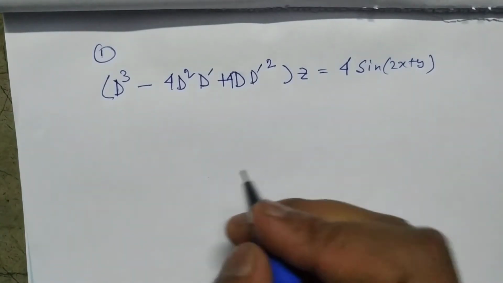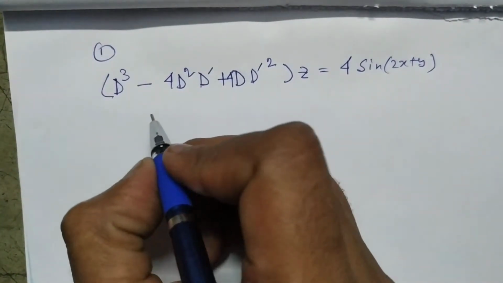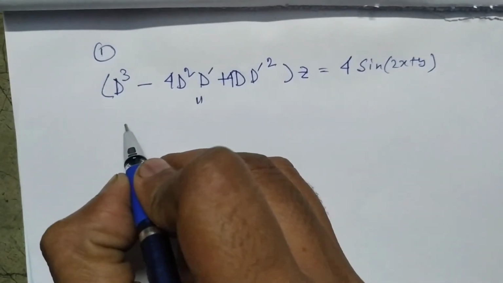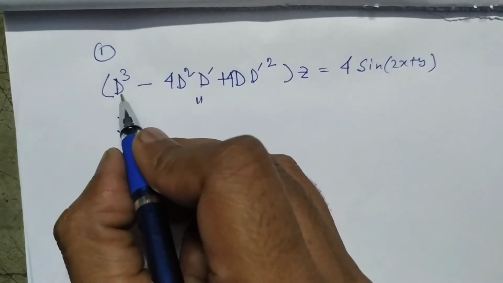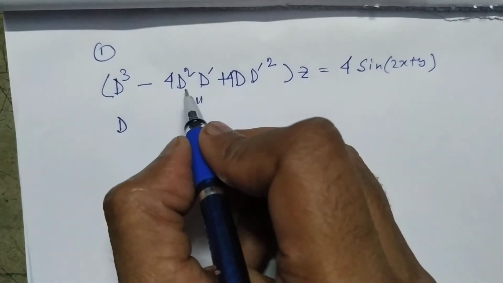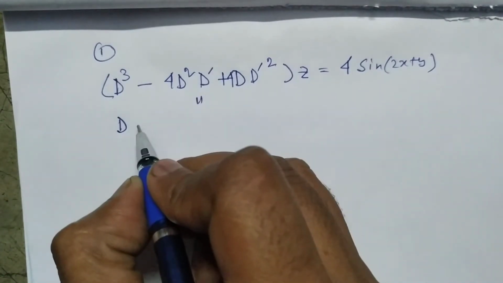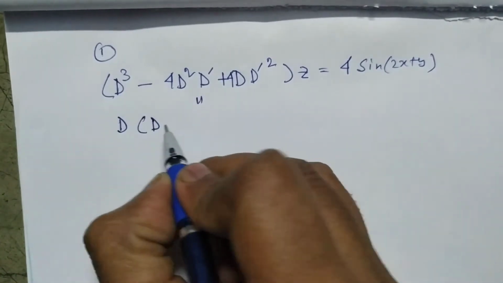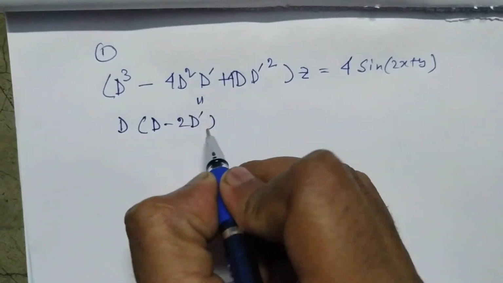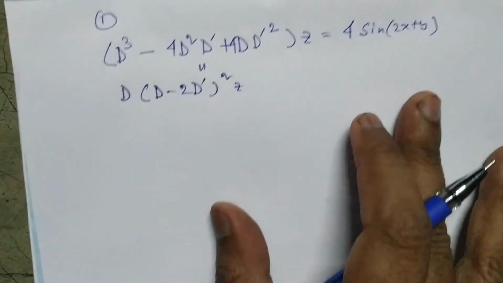Now to start with, what we see is that you can take a D common, then this will be D square minus 4DD' plus 4D' square, that is (D minus 2D') square working on z.